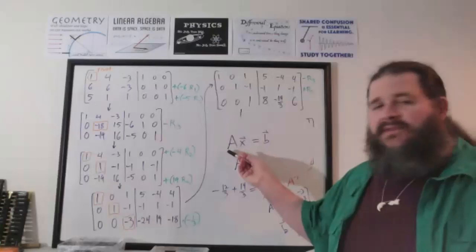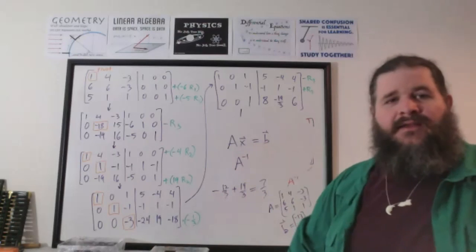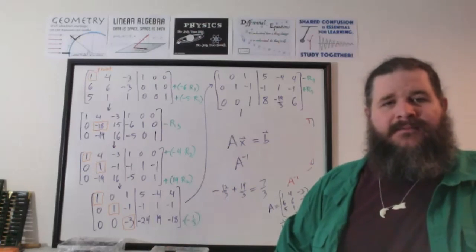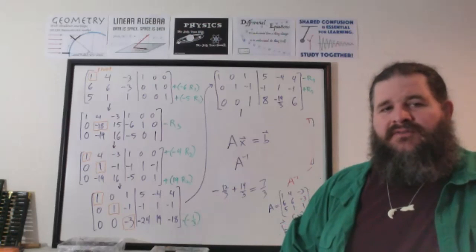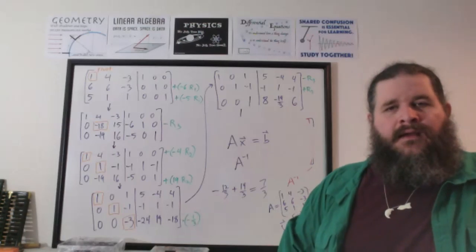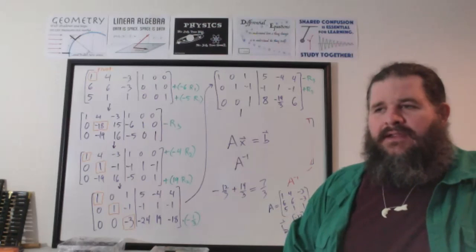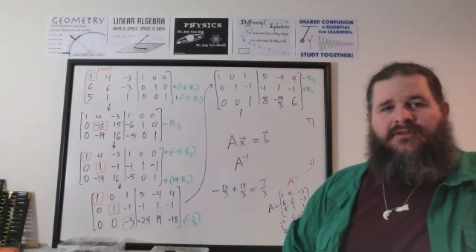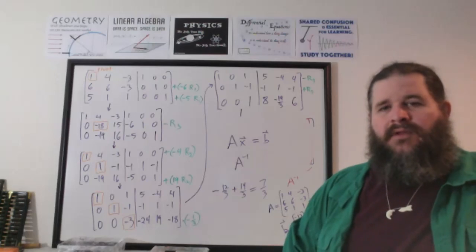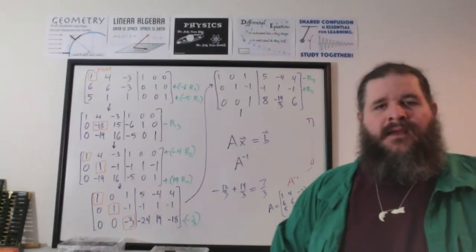Find A inverse once and multiply by whatever the B vector is to immediately find the X solution for that B vector. So that's another advantage of this inverse matrix approach. Again, it only works for square matrices, and even then only if the matrix can be row reduced all the way to the identity matrix. But for those matrices, non-singular matrices, it's a very useful tool.